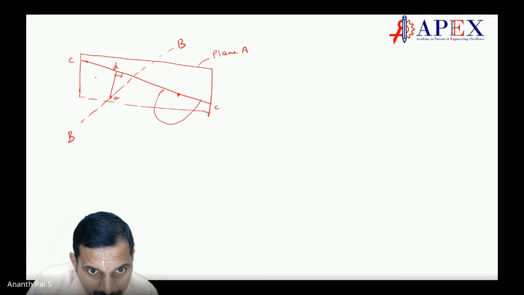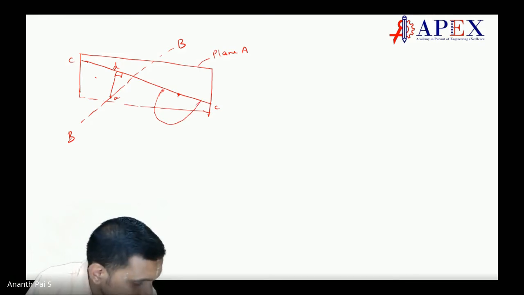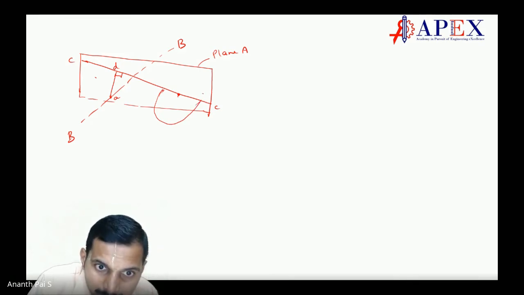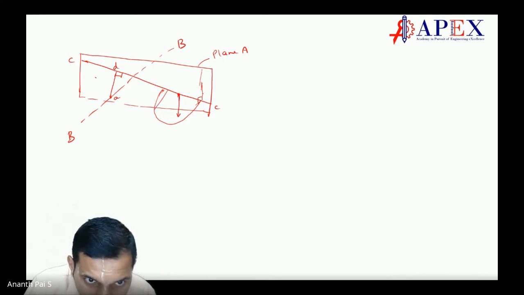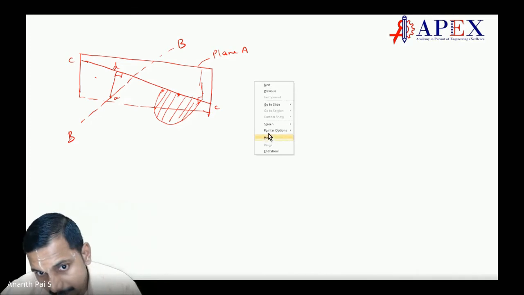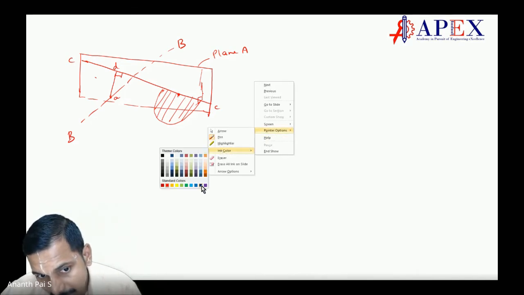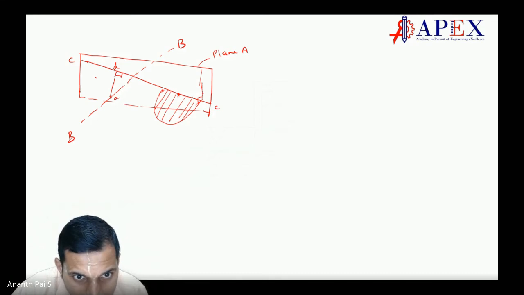This plane is perpendicular to this plane, and we have a force in this plane which is perpendicular. We are purposefully making it complicated so that we will discuss the most general case. The most general case we are going to see.